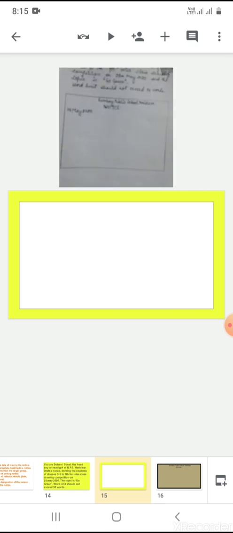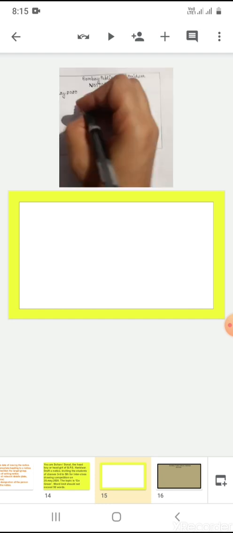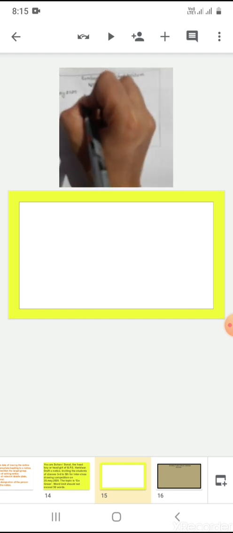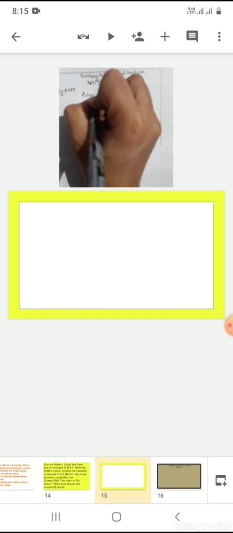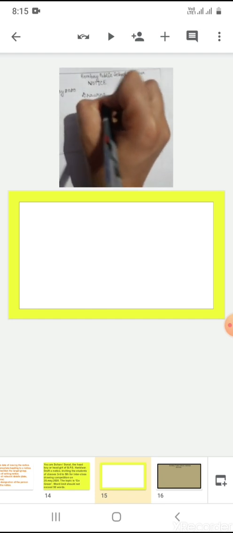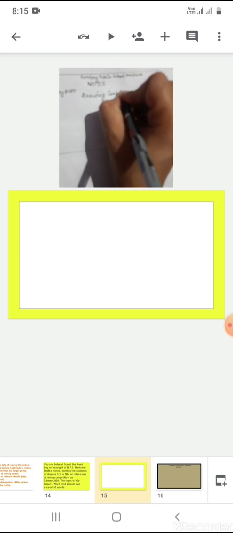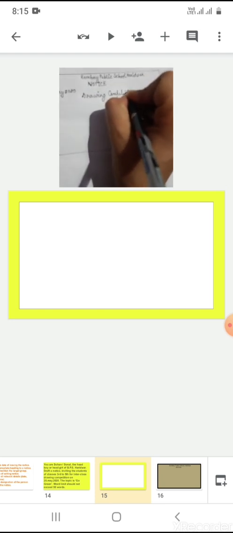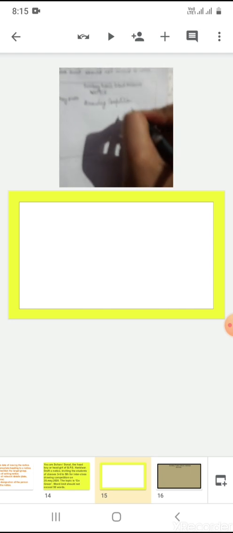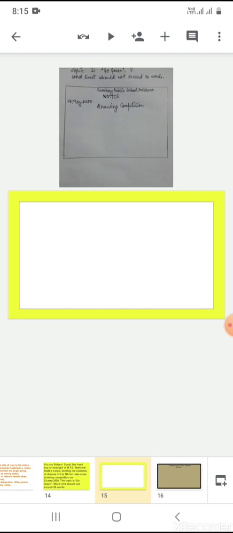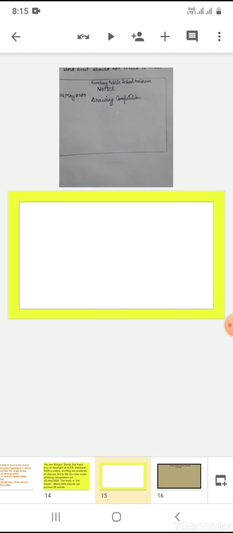Yes, it is an attractive heading. We will write drawing competition. This is our heading of the notice. Write down fast and in a beautiful handwriting.